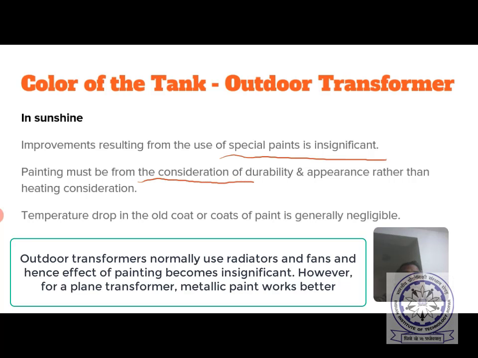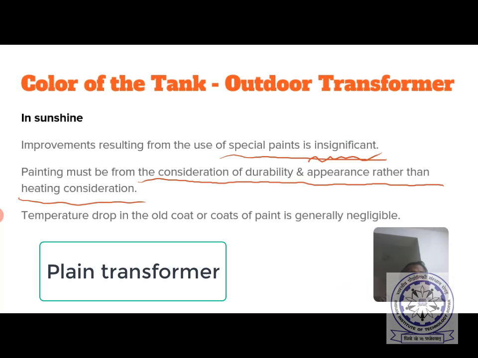Painting must be from the consideration of durability and appearance rather than heating consideration. Temperature drop in the old coats of paints is generally negligible. Here the metallic paints actually work better because they reflect the sunshine, though the effect may be of insignificant order.